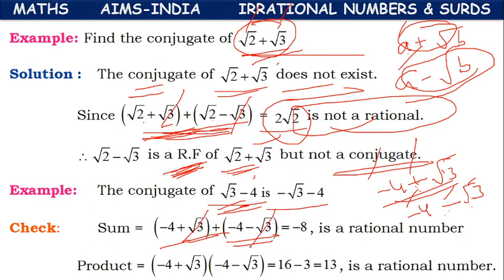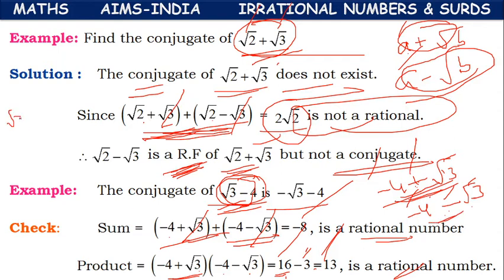If we add, root 3 cancels. Minus 4 minus 4 is minus 8, a rational number. Product: minus 4 whole square. A square, minus 4 square is 16. B square, root 3 square is 3. 16 minus 3 is 13, a rational number. But the given number must be written in the original form, a plus root b or a minus root b, and then we take the conjugate.